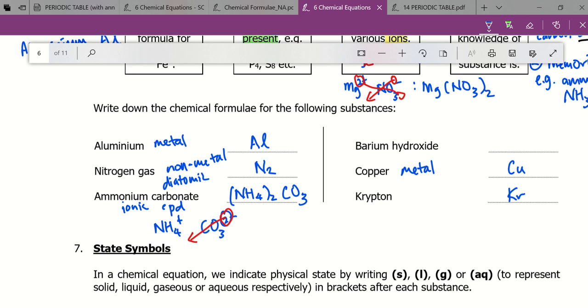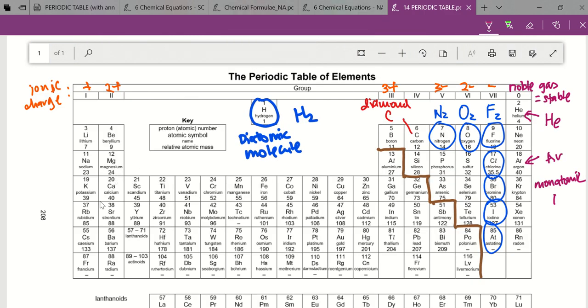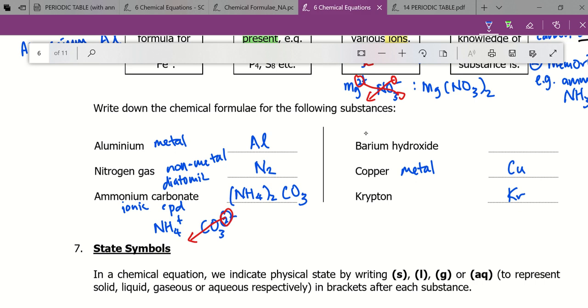For barium hydroxide, barium is found in the periodic table here. This is a group 2 metal. So as the ion, it forms a charge of 2 plus. So this is Ba2+. Hydroxide ion is one of those ions that I have to memorize.